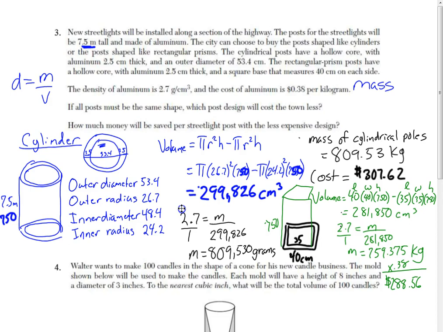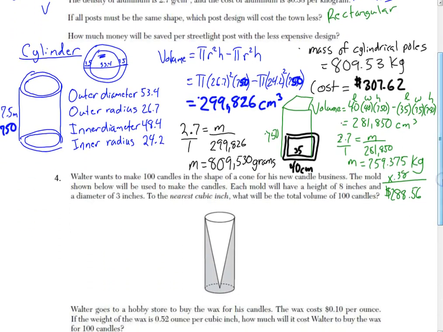So, which post design will cost the town less? It would be the rectangular one, and the difference between those two would be the savings that we have there. And so I think we could easily get that. Okay, that's an intense question, and I definitely should have left more space for that kind of question, but you get the idea of what we have.